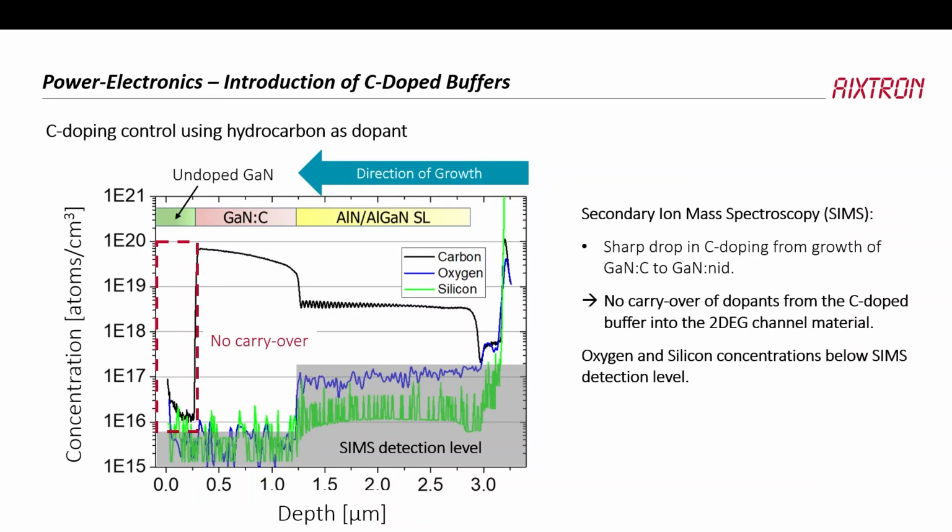And this is a prerequisite in order to grow your transistor, because you have to come down from quite high carbon concentrations down to almost zero, so that nothing actually interferes with your actual device structure. So oxygen, silicon anyway, but also the carbon goes down into the detection limit.